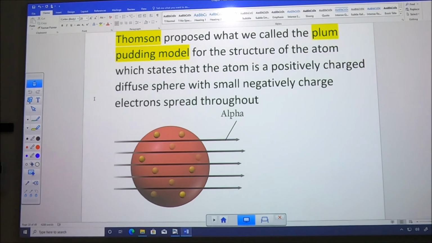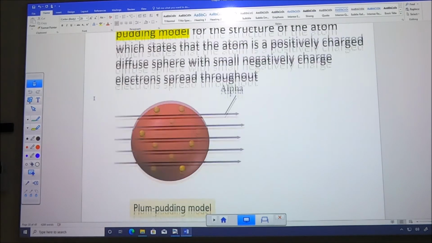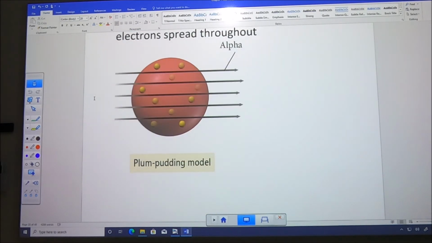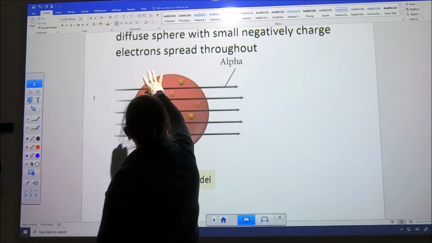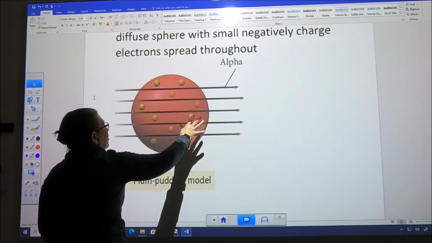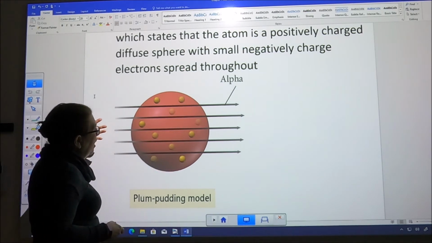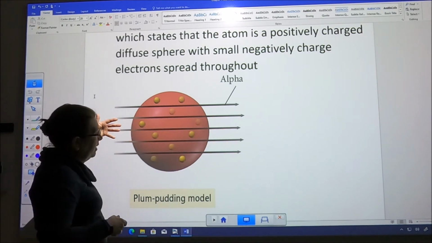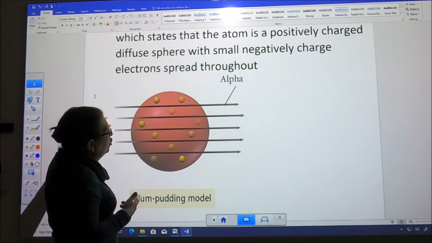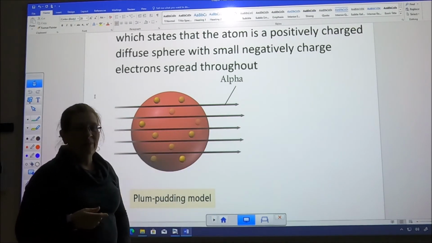Thomson said that the structure of the atom was like a plum pudding. You had this positive glob or spherical amount of positiveness, and it was studded with little negatively charged particles, electrons. So this is what he thought it looked like. Now, he's going to propose that a friend of his named Rutherford shoot alpha particles at this.